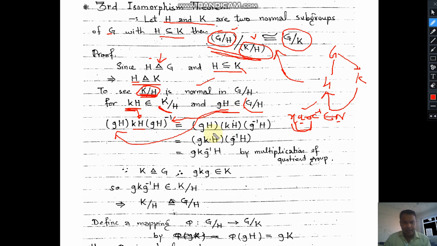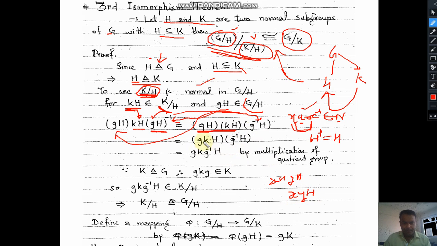And now here we are applying the property. First we have applied the inverse property, and we know that the inverse of H inverse is equivalent to H. Here the inverse will be distributed directly, and the inverse will be applied only on g. After that you will apply the property of normal subgroups, in which we know that if there are two elements xH and yH, their product will be equivalent to xyH.